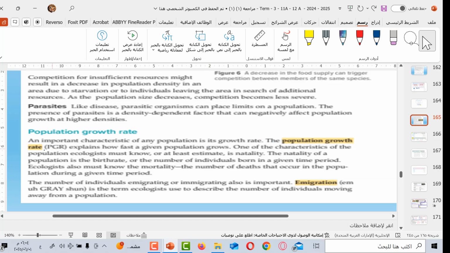The population growth rate, PGR, explains how fast a given population grows.